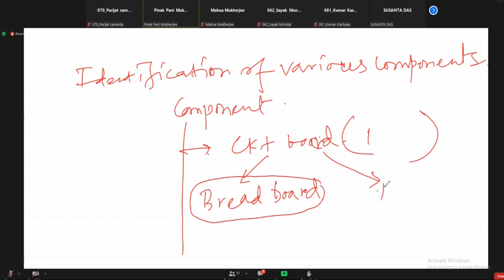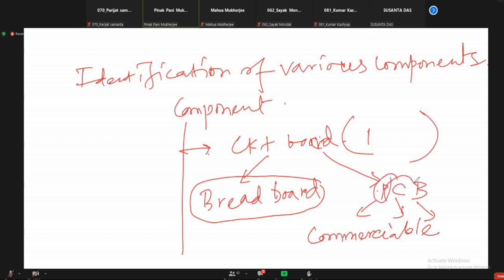Another board is there, that is called the PCB, that is the printed circuit board. In this case the components are fixed and it is used in commercial application. Suppose in any device, in fridge, on TV, you will find this PCB. So what is PCB? It's a fixed kind of board where all the commercial components, commercial equipments actually use this kind of board.